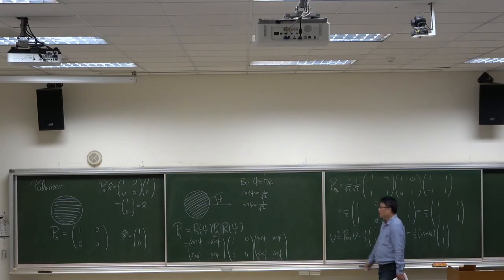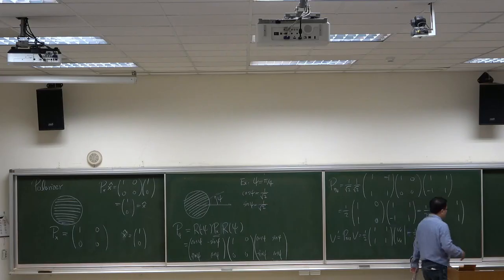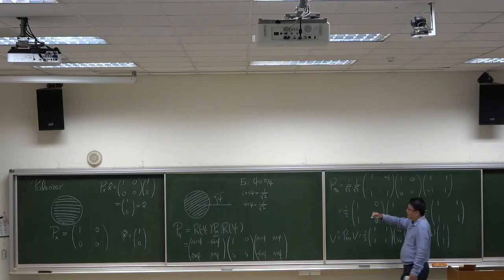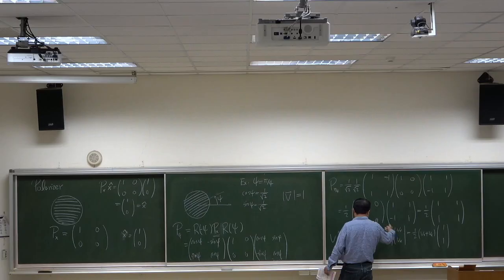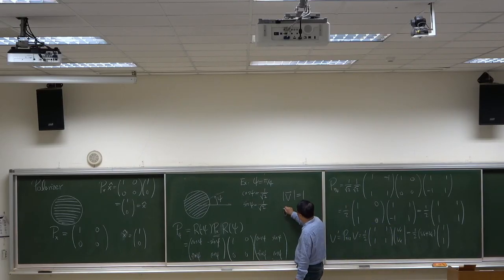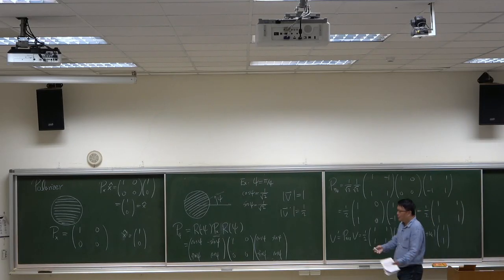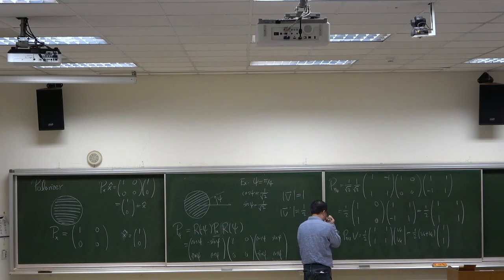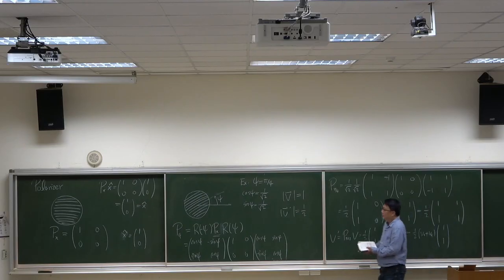It becomes smaller, because part of the energy has been absorbed. Originally the magnitude of v was 1, and the magnitude of v prime becomes 1/√2, smaller, because a part of the light has been absorbed by the polarizer.